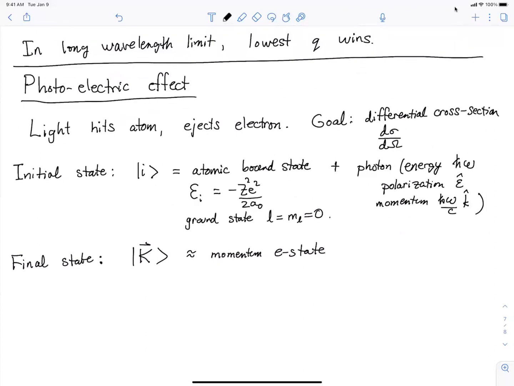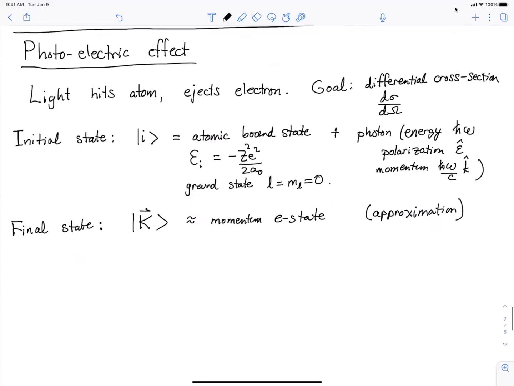And I say pretend because that's never exactly true, because the atom has a nucleus that's carrying some charge, and if the electron's trying to leave, the nucleus is trying to pull it back, and that will distort its wave function, and so it won't exactly be a momentum eigenstate. So this is an approximation. We could deal with that approximation by doing it right, but it would just get a lot more complicated. And so we're trying to avoid complications.